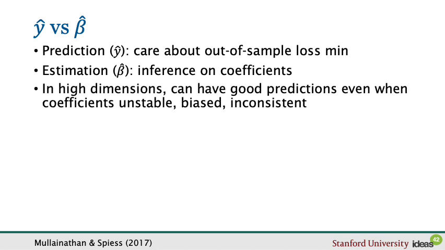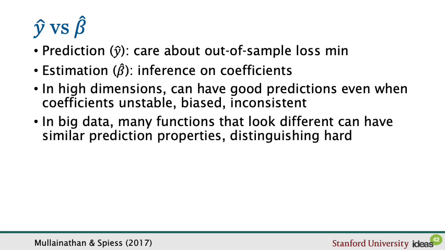So in high dimensions, we can still be in a world where we can have good predictions, even when the coefficients are unstable, biased, inconsistent, and estimation is hard. But because in big data, many functions that look quite different can have similar prediction properties, it will be very hard to distinguish between those, and therefore it will be very hard to perform good estimation.